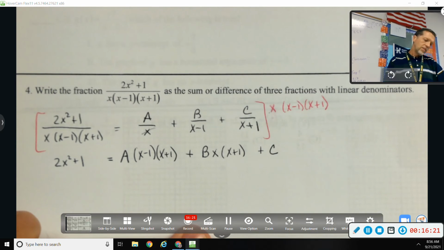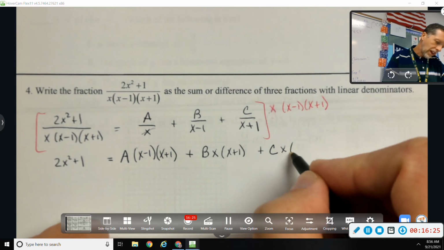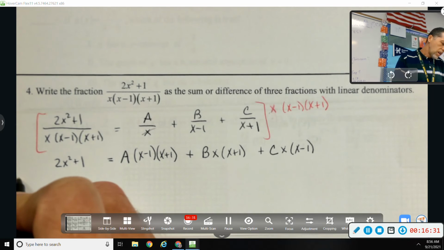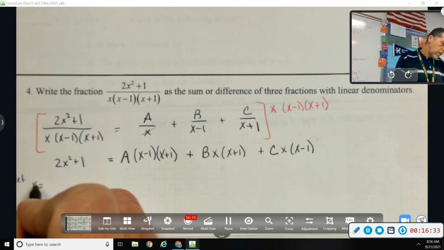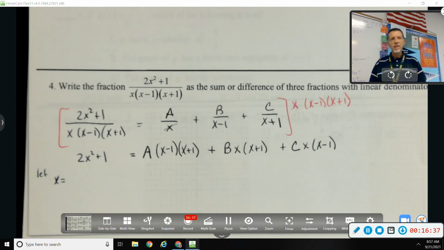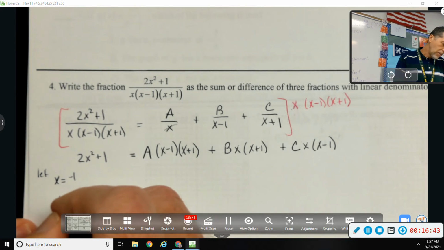And then for the c term, the x plus 1's cancel. That leaves x and x minus 1. So how many values of x will I need to pick? Should be 3, and what would they be? Negative 1, 1, and 0.